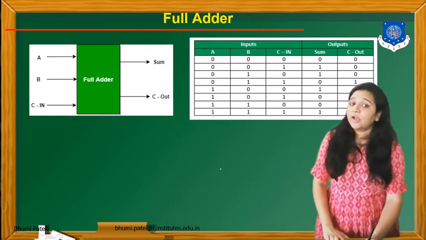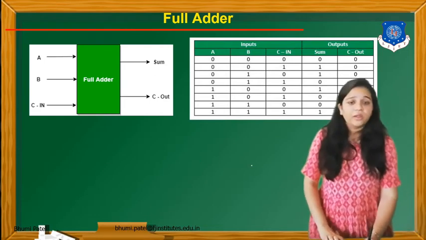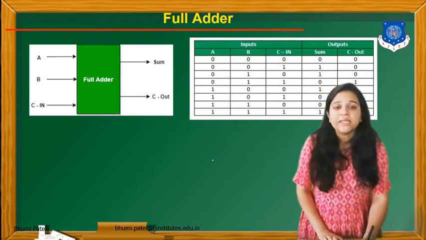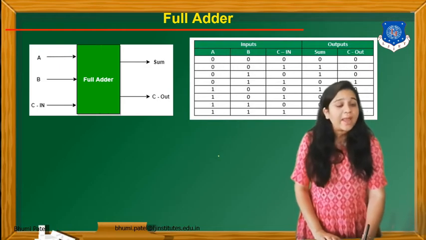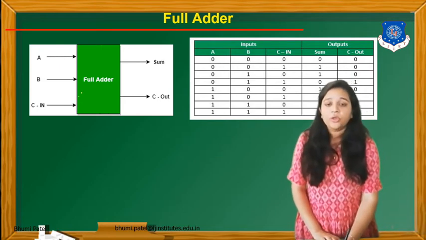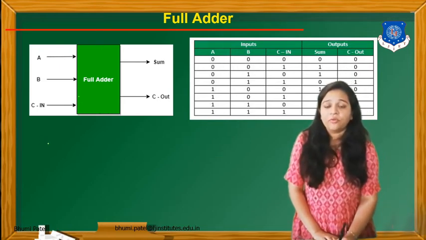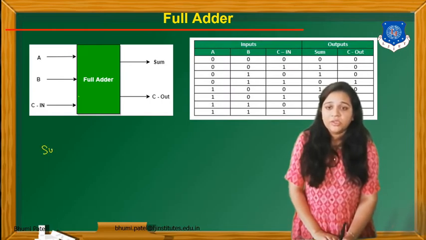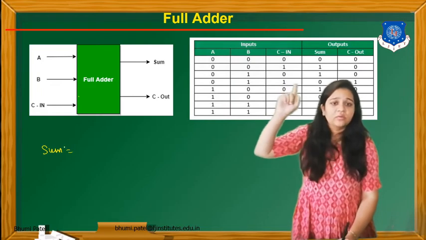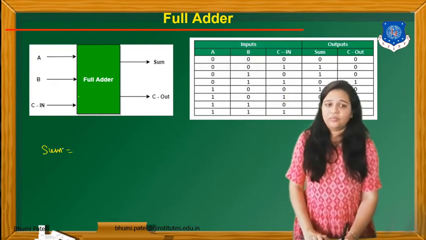Okay, now next we have to simply write the Boolean expression using this sum and carry output. So first of all we have to write the equation for the sum. The sum is equal to, first, where the sum will be high.